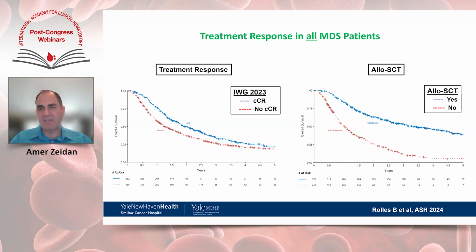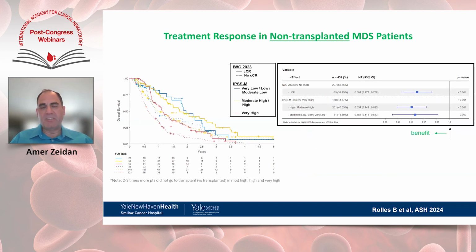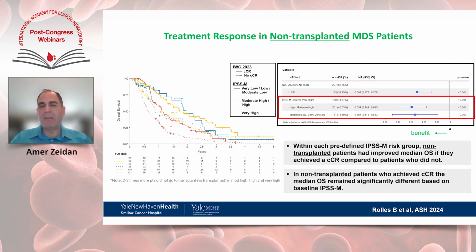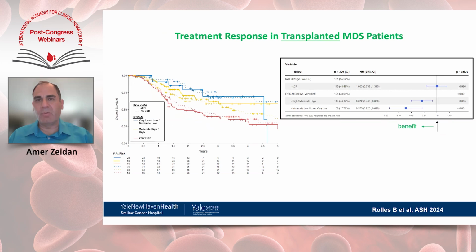You can see that transplant already looks like the most important factor in making survival a possibility for those patients. What was interesting is that in non-transplanted patients, achieving a composite CR was certainly associated with better outcomes. But in patients who underwent transplant, on the other hand, it didn't seem that achieving a CR was necessary to achieve the response.